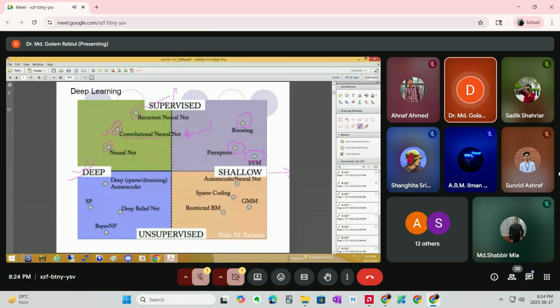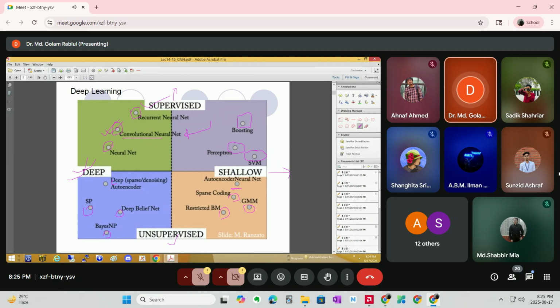There are several other algorithms that follow the deep architecture but the unsupervised principle, like the deep belief network, Bayesian non-parametric, sparse network, and deep autoencoder. And some machine learning algorithms follow the shallow architecture but the unsupervised principle, like GMM, the Gaussian mixture model, restricted Boltzmann machine, sparse coding, and encoder neural network.